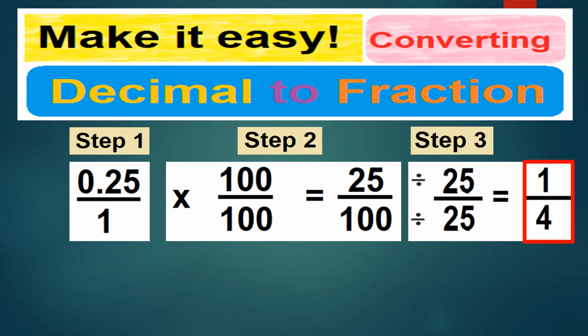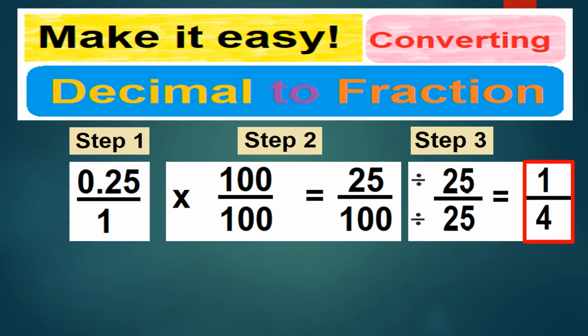Now we need to get the lowest term of 25 over 100. So for step 3, we need to think of the factors of 25 and 100. Or pwede nyong isipin na ano nga ba yung number na pinakamalaki na pwedeng i-divide both sa numerator at sa denominator.